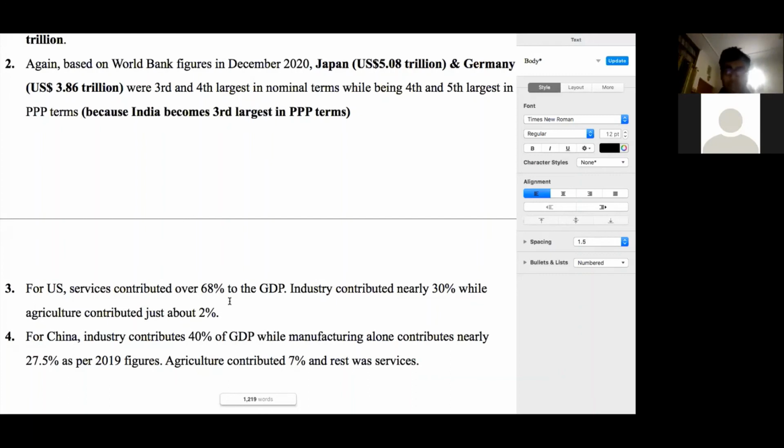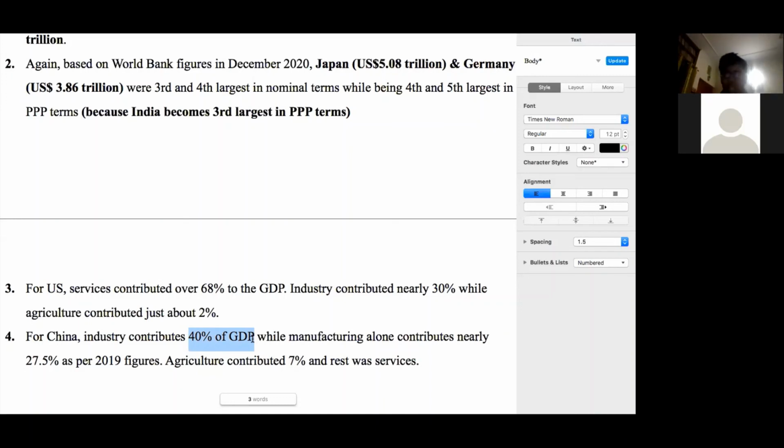For China, it is fast growing as well. For China, industry contributes 40% of GDP, because as I'm sure all of you are already aware, the world's largest manufacturer in terms of US dollar value is China. China alone manufactures nearly 10 trillion US dollars worth of manufacturing produce when we take into account PPP factors.